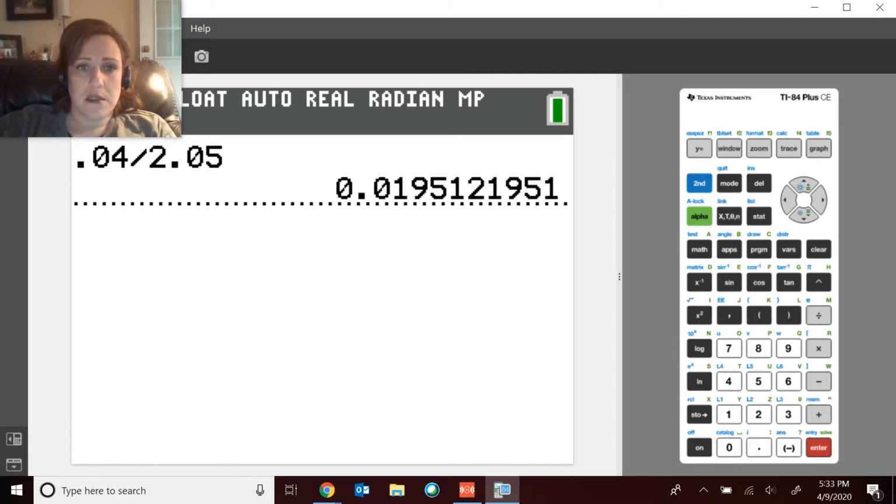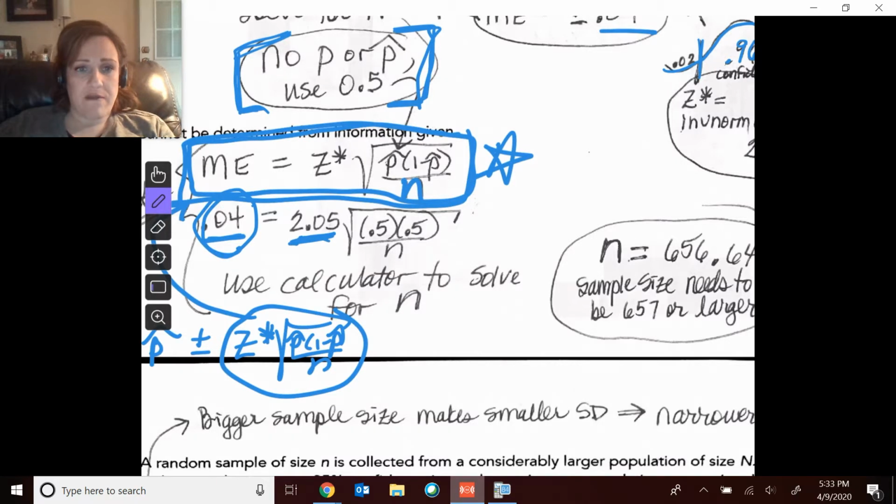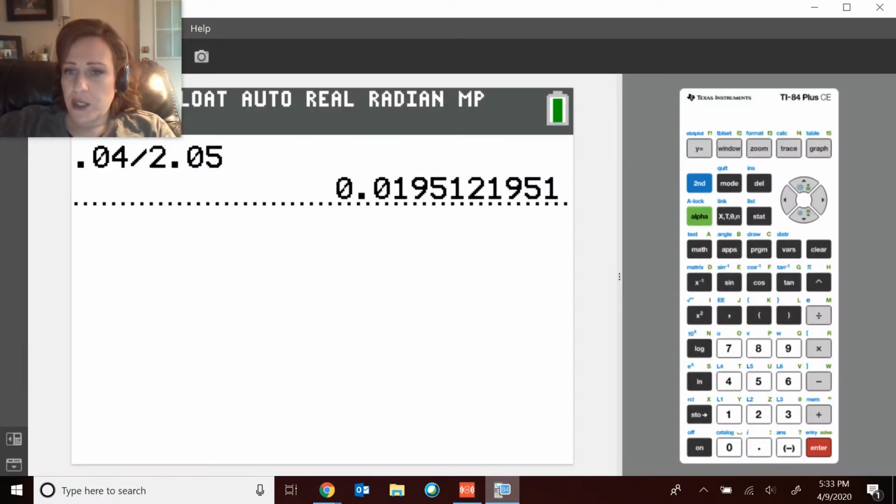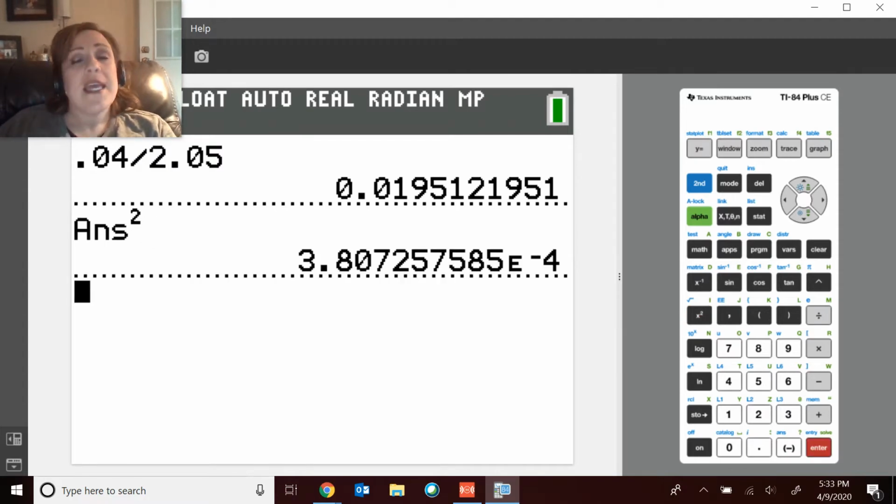All right. So then after I have that, I address this squaring, and I'm going to square both sides to get rid of that square root. So I'm just going to hit squared, and it's going to square that previous answer. And see, this is a really small number. I don't want to have to mess with that number and retype it or anything.